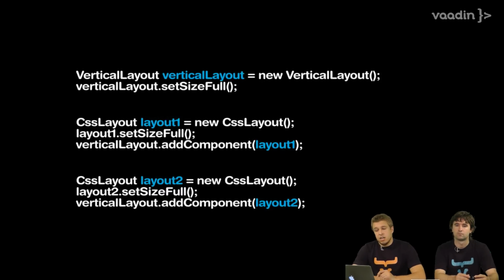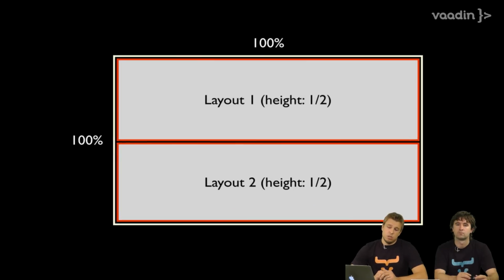In this case, you can, for example, think that the vertical layout here is now the 100% times 100% size, and by default, the ordered layouts actually distribute the space evenly for their child components. So when adding 2 CSS layouts into our vertical layout, or 2 components for that matter, whatever they are, the distributed size for them is by default even, meaning that they both get 50% of the vertical space.